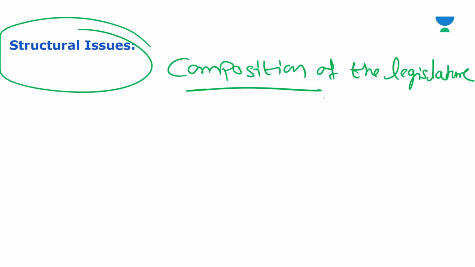Article 239A was originally brought in by the 14th Constitutional Amendment Act 1962 to enable Parliament to create legislatures for union territories.